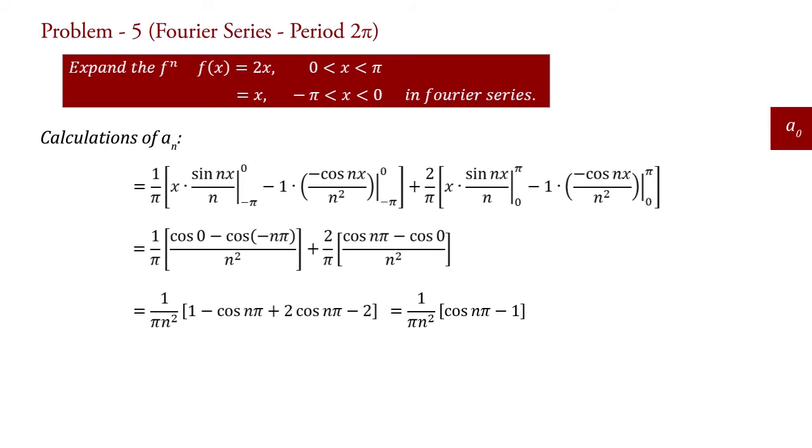Here this an equal to 0 for n even, because when n is even, cos n pi equal to 1, and therefore cos n pi minus 1 equal to 0.